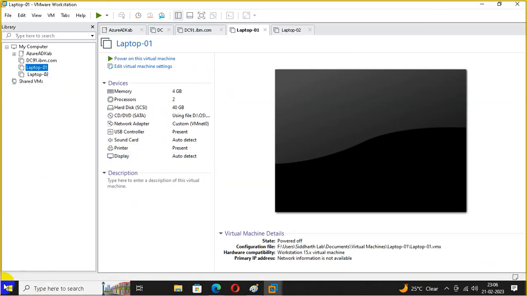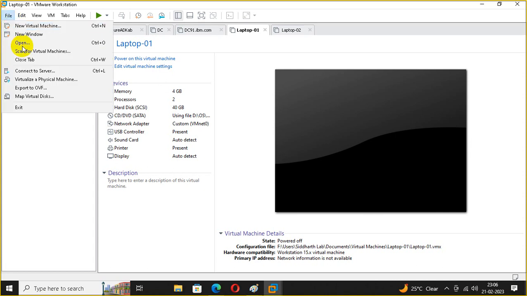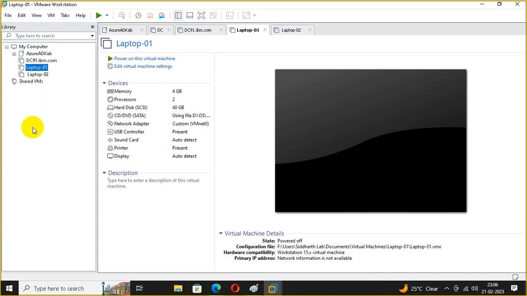Let's understand how we can create a server for your demonstration. This is the VMware Workstation platform. VMware is a virtualization and data center computing technology. They have various products: VMware vSphere, VMware Workstation, VMware vCloud, and orchestration products.